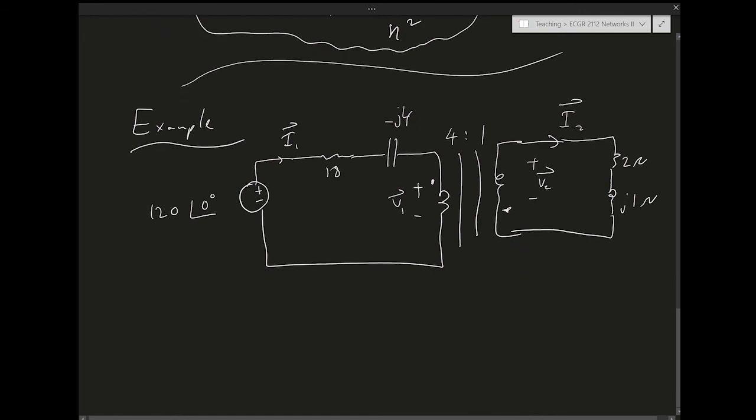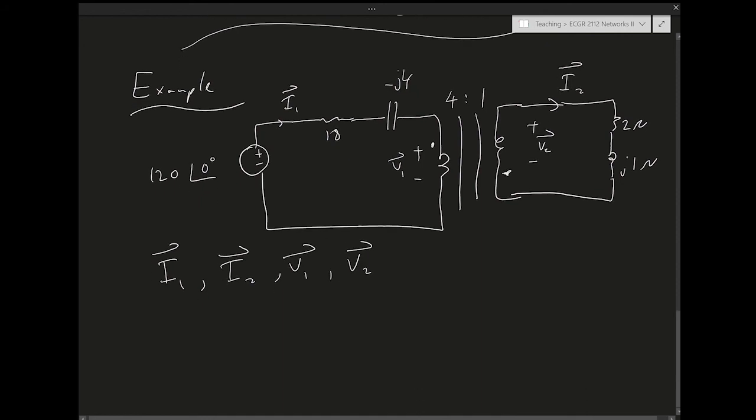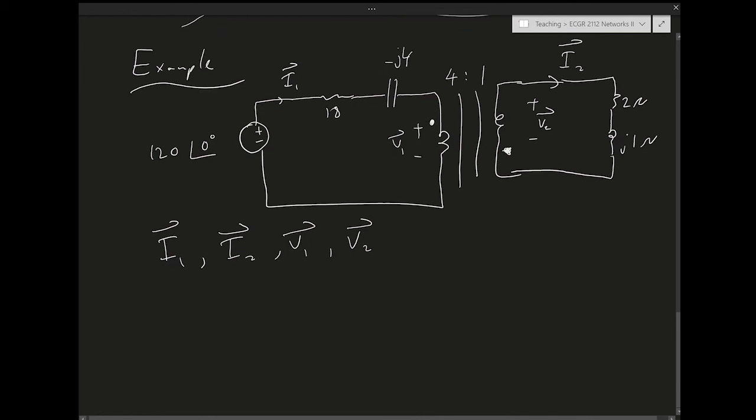Okay, so we want to solve for the variables here. We want to solve for I1, I2, V1, V2. Now, because here the dot is inverted, remember we said the relationship was V1 equals V2 over n.